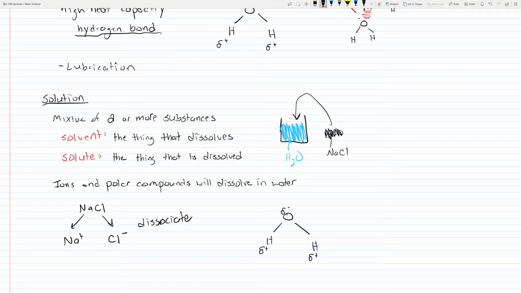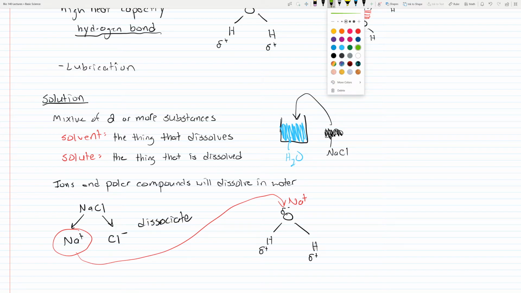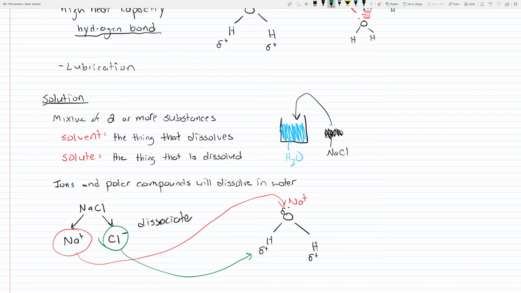This sodium here is going to be really attracted to that, so the sodium is going to come hang out next to the oxygen. And this chloride is going to be attracted to the positively charged hydrogen.